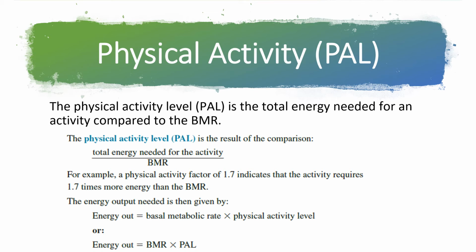For example, a physical activity level of 1.7 indicates that the activity requires 1.7 times more energy than the BMR. The energy output needed is then given by energy out equals basal metabolic rate times physical activity level, or energy out equals BMR times PAL. Let's have a look at some examples.